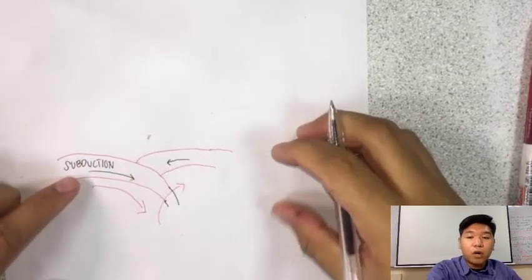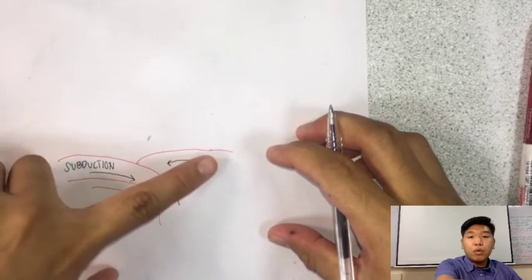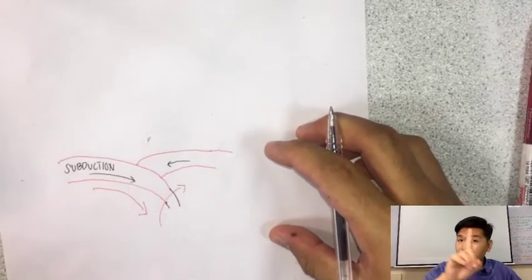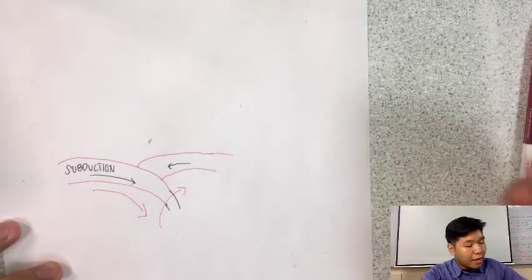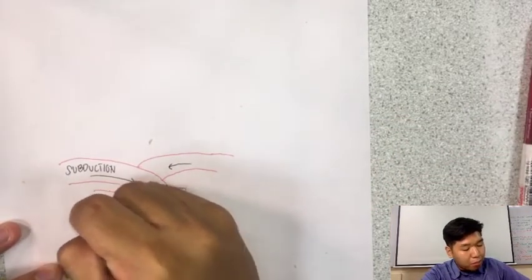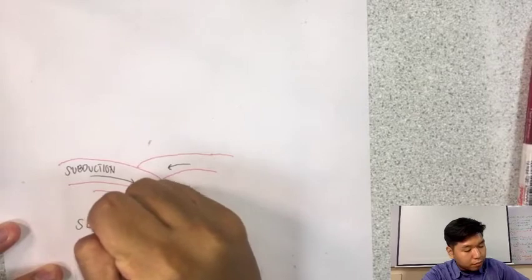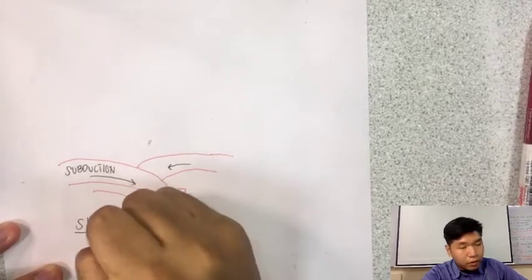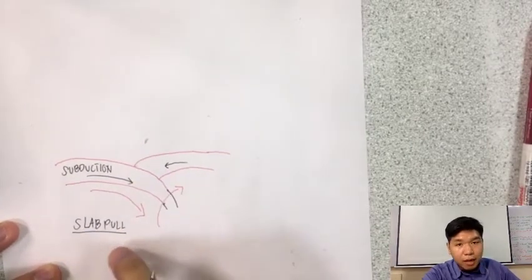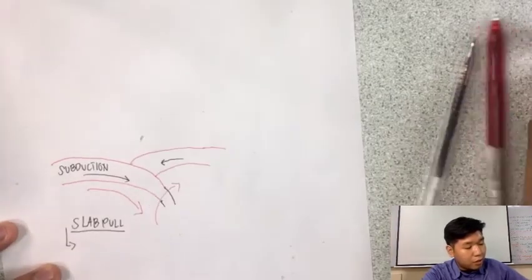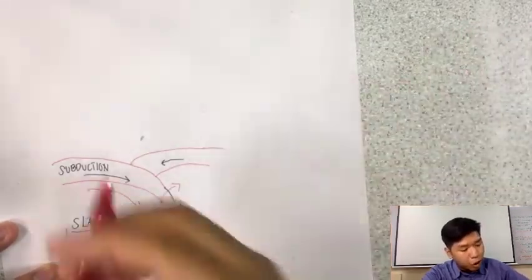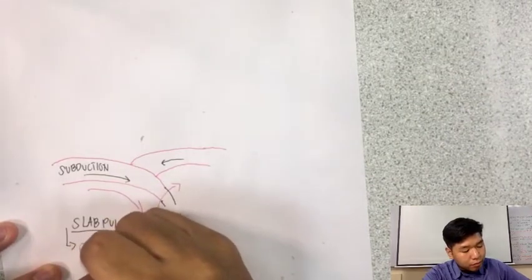The sinking of one tectonic plate below another, and there is a force that is involved here. The force is called the slab pull. Okay. This here is the slab pull. The slab pull force is created because of the convection current.